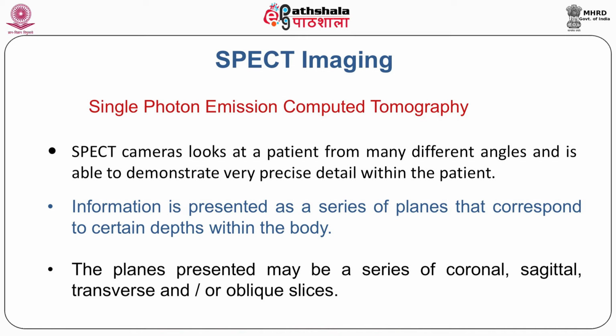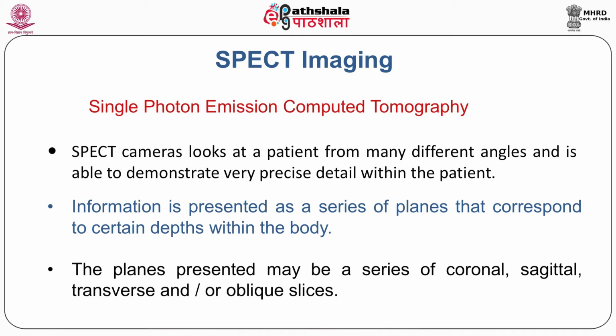It means the SPECT camera looks at a patient from many different angles and is able to demonstrate very precise detail within the patient. Information is presented as a series of planes that correspond to certain depths within the body. The planes presented may be a series of coronal, sagittal, transaxial, or oblique slices.